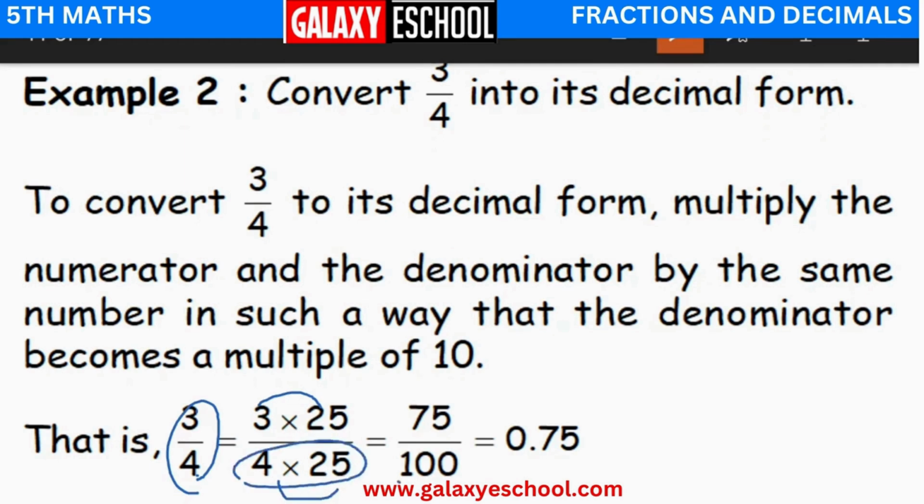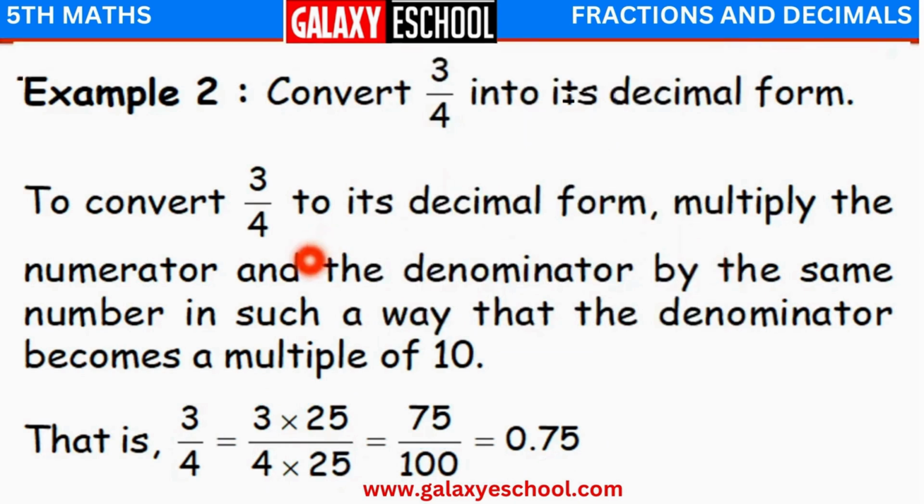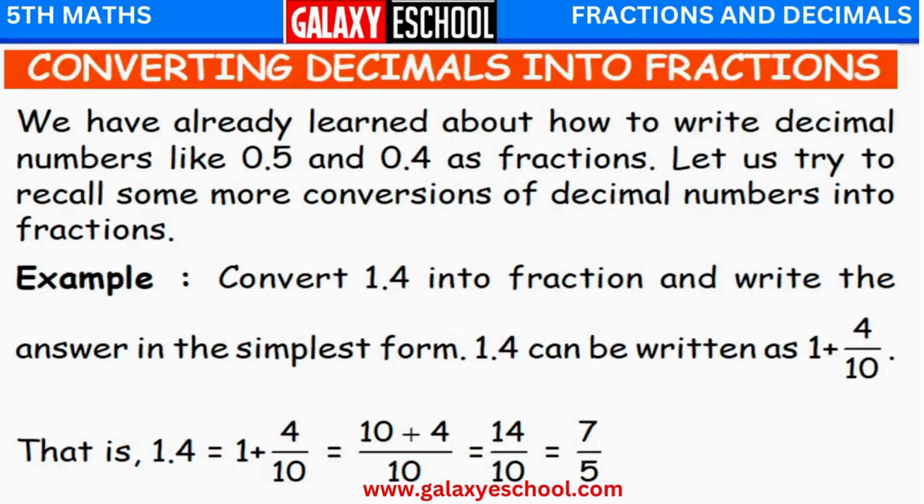Because 4 into 25 will give us 100, which will make it easier to convert into a decimal number. We have to multiply with the same number. 3 into 25 is 75, 4 into 25 is 100, and that is equal to 0.75. Understood, children? This is the conversion of a fraction into a decimal form wherein the denominator is not 10, 100, 1000 or so on.